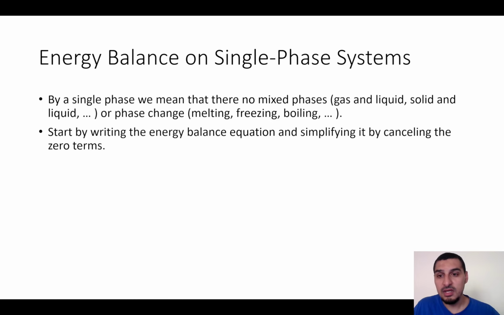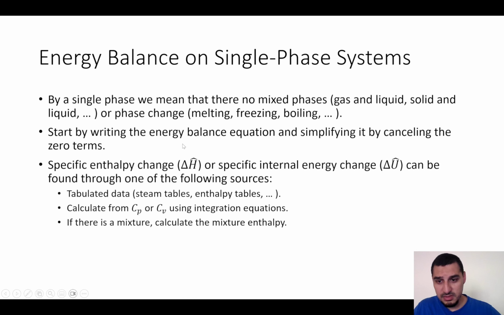So the steps that we have here are going to be repeated things that we already discussed before. So we had the energy balance equation, we simplify it, put the terms that are equal to zero equal zero. And then we check if we want to calculate delta U or delta H, whether it's an open or a closed system.